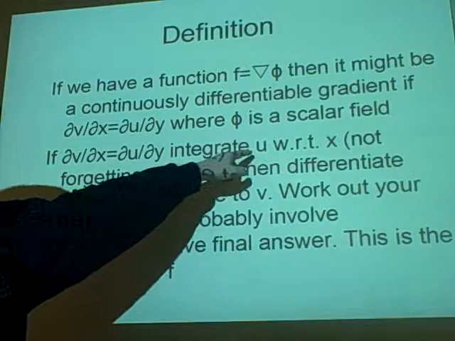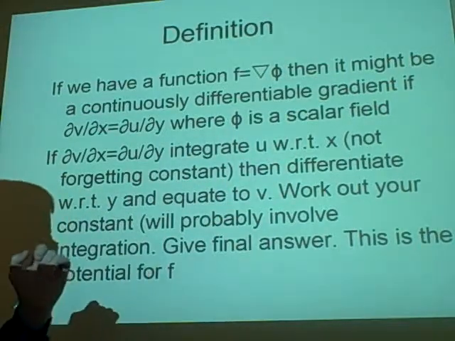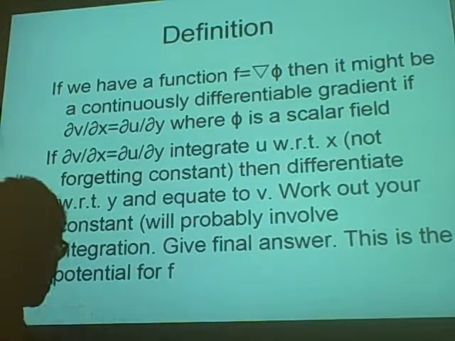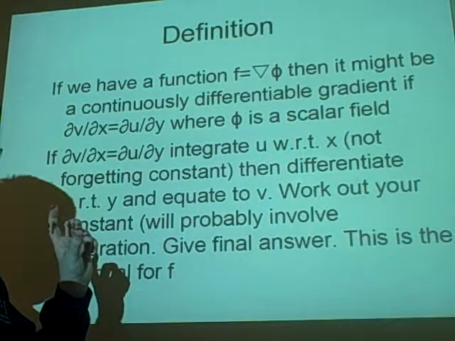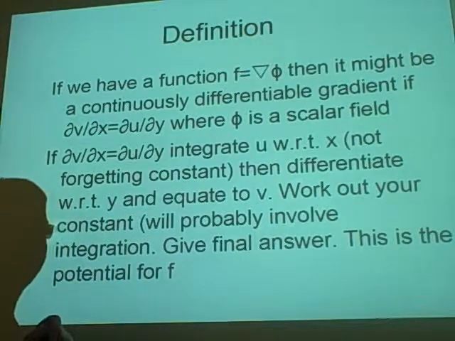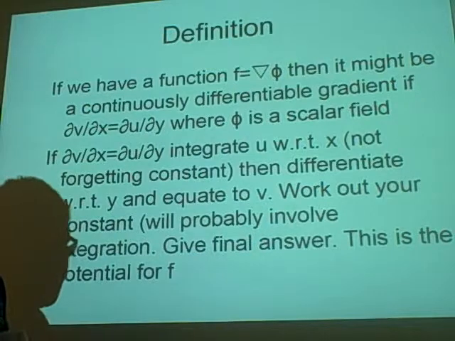So we integrate u with respect to x, and don't forget your constant, and then you differentiate with respect to y. It's like going backwards kind of, and you'll have your constant, and you're differentiating your constants, so you'll just have a little dash, and equate this to v.